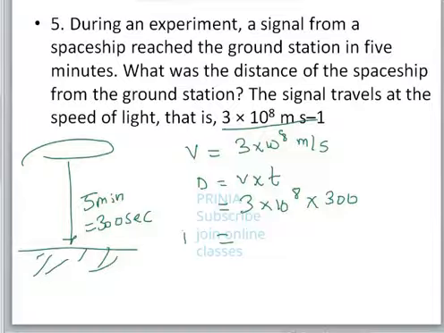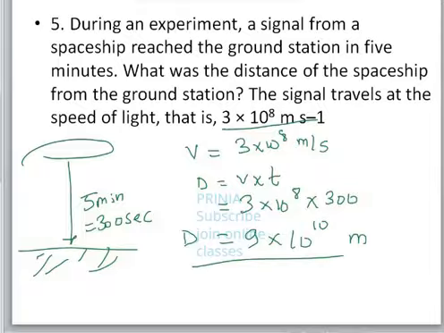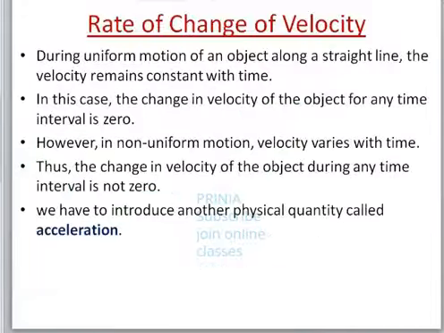So the distance of the spaceship from the ground station is equal to 9 into 10 to the power 10 meter. So this is the answer. Okay, next we'll move to the rate of change of velocity.